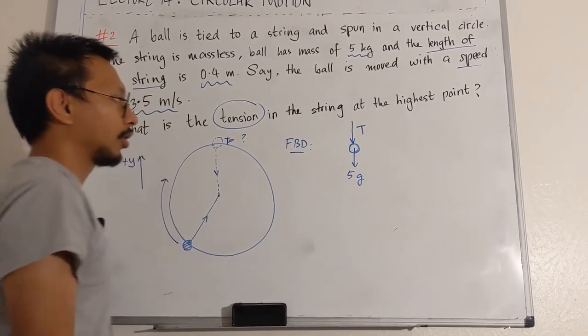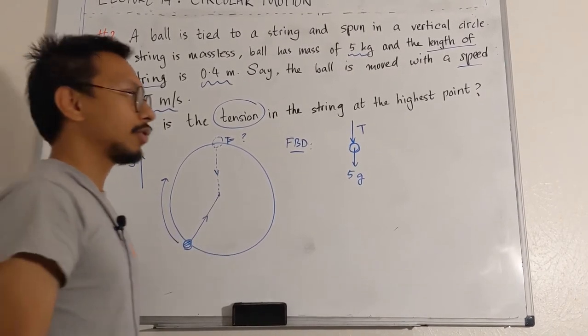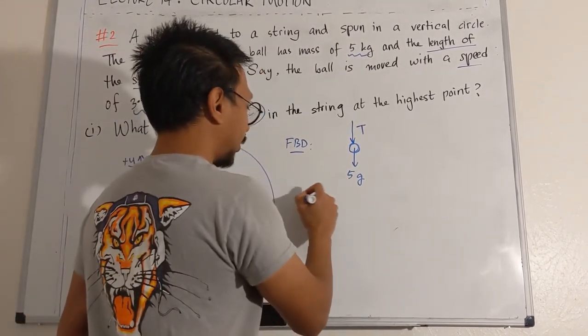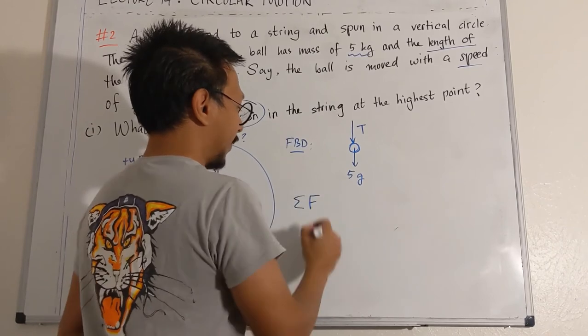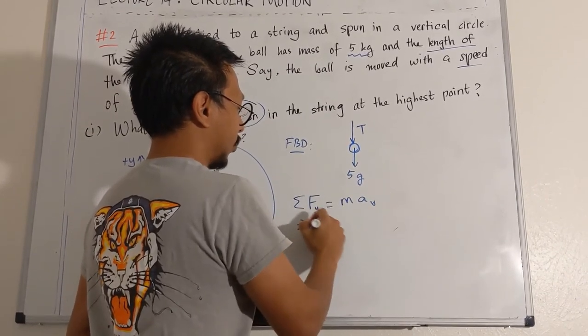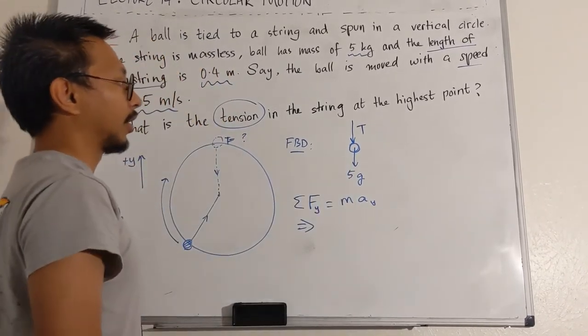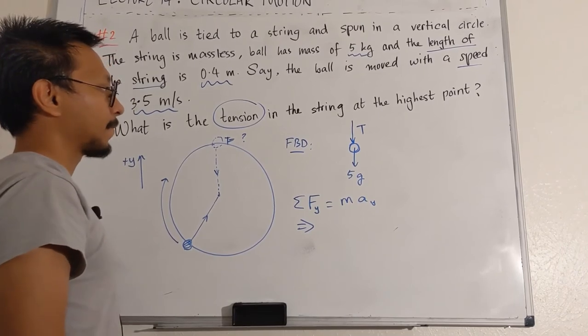Denote capital T to be the tension, and now write down Newton's second law of motion. The second law: F in the y direction is equal to m a in the y direction. What are the forces in the y direction? We have both forces going in the downward direction.